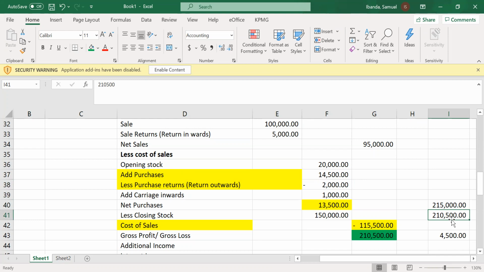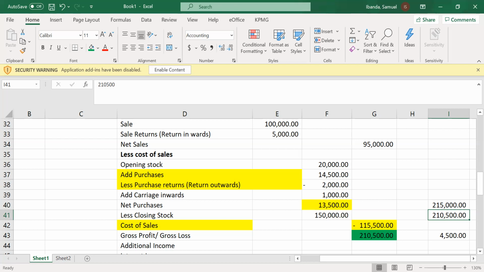It means that the higher the purchase returns, the lower the profit. So if you have any purchase returns that you have not accounted for, when you account for them, they will reduce your profits even lower.